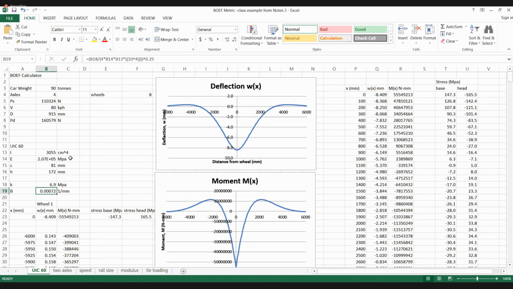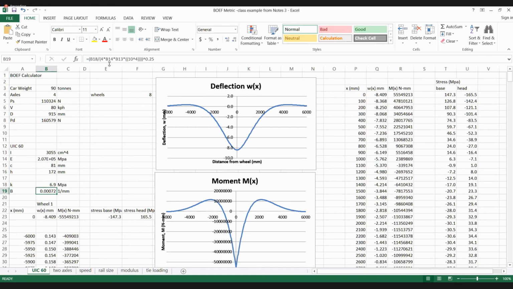Remember, we have to be consistent because our units, megapascals, are in newtons per millimeter squared. So my I has to be converted from centimeters to millimeters.